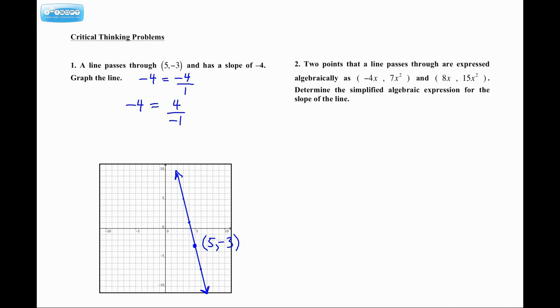All right, last problem. We have 2 points that a line passes through are expressed algebraically as -4x, 7x squared, and 8x, 15x squared. So these are coordinates, but they're not defined precisely. They are algebraic expressions. But nevertheless, we are asked to determine the slope.